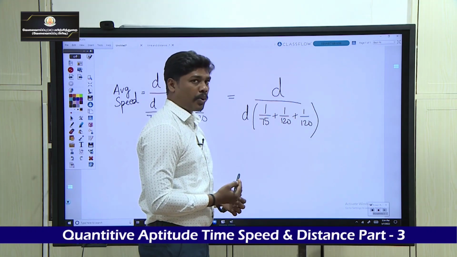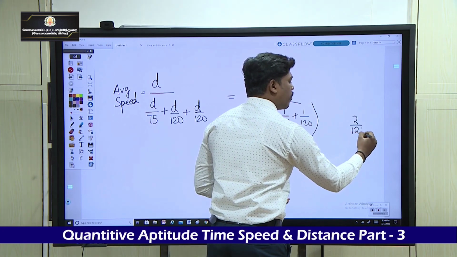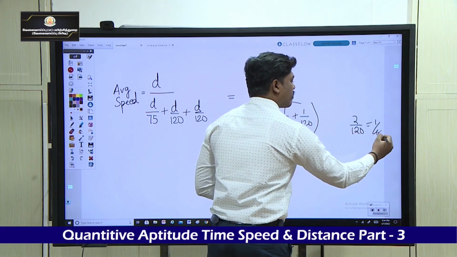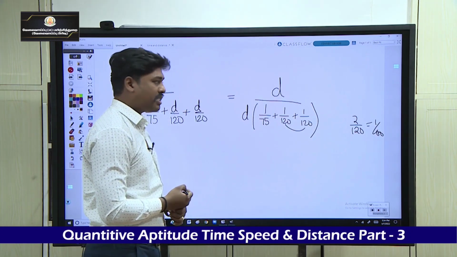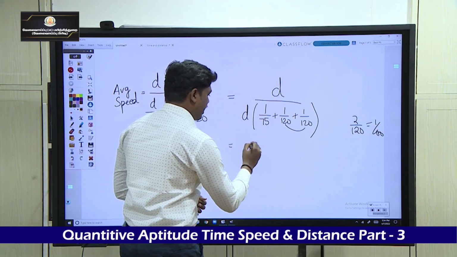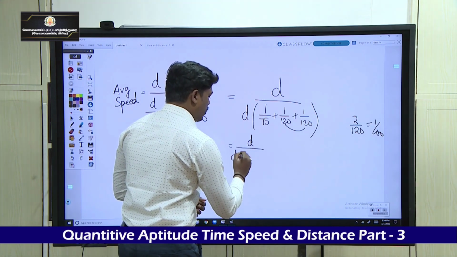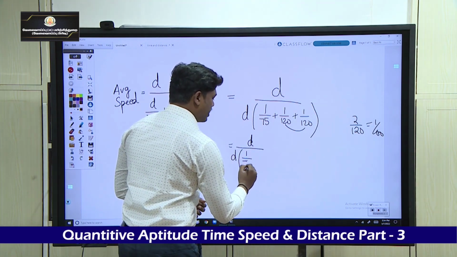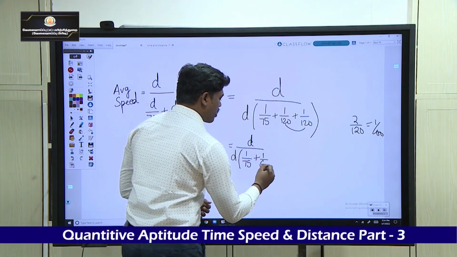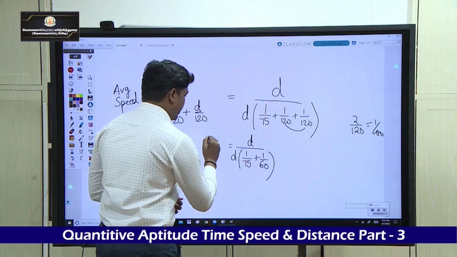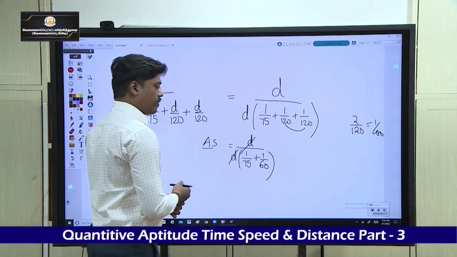You will be getting 2 by 120. 2 by 120 means 1 by 60. So when I add these two values, I will be getting 1 by 60. So I am writing as d by d into 1 by 75 plus 1 by 60. So this is the average speed. So here d gets cancelled.